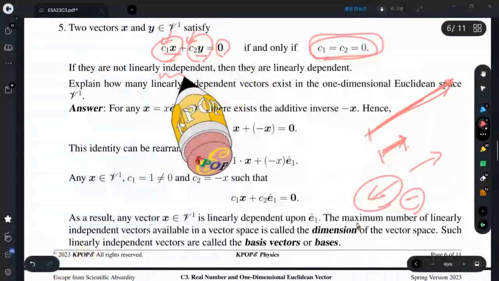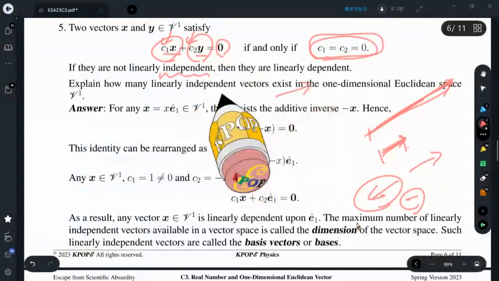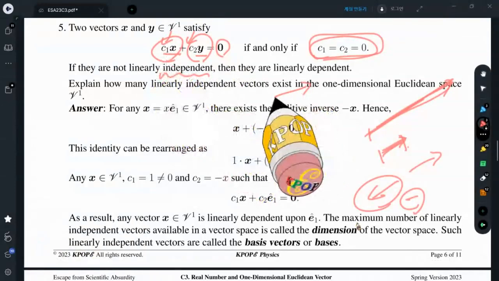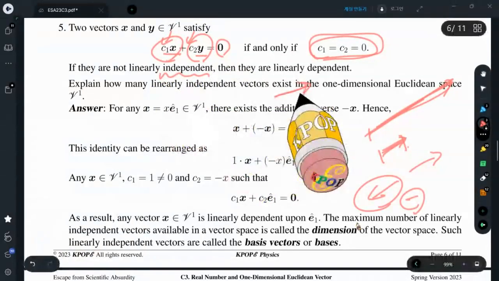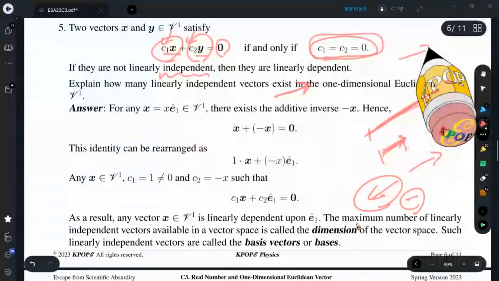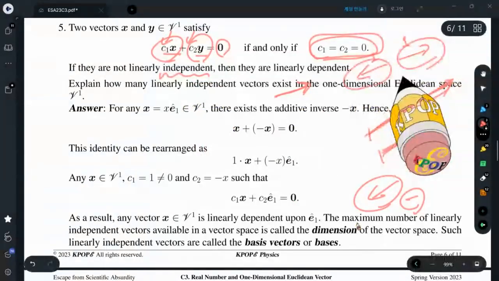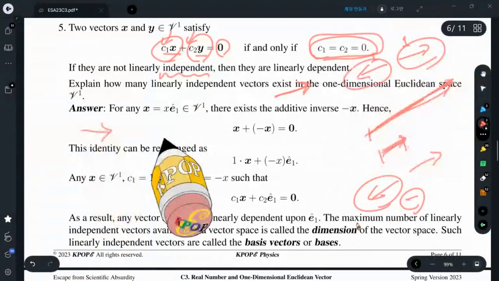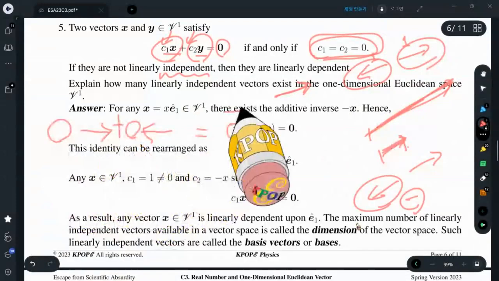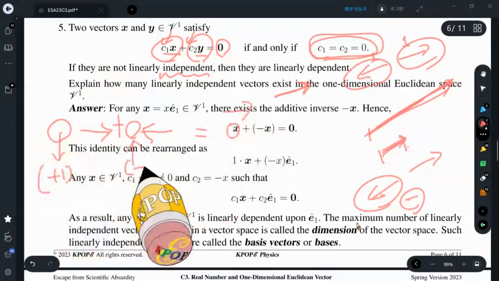It is actually trivial. In one dimension, there is no such vector. There is only a single vector. If there are two, for example, we have this vector and this vector, magnitude 1 and 1. I want to multiply something and add them up to make a zero. Simple ways, put +1 in here, put -1 here.